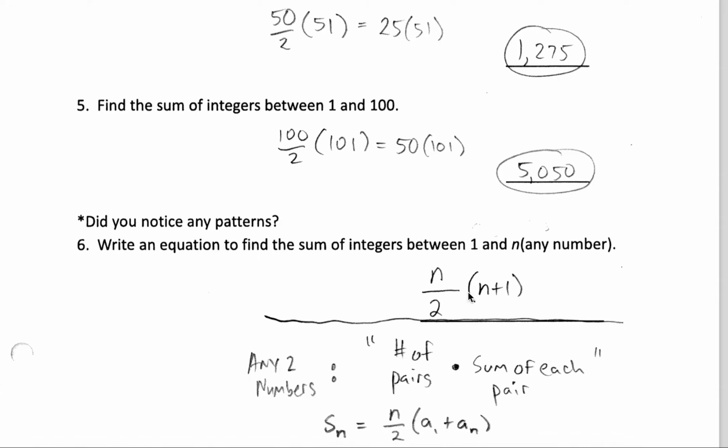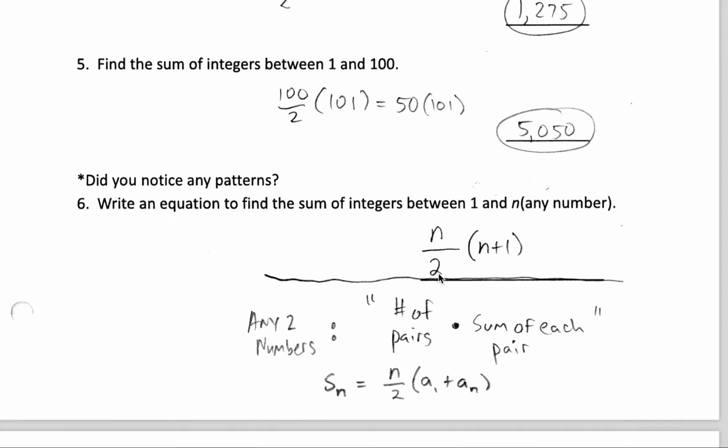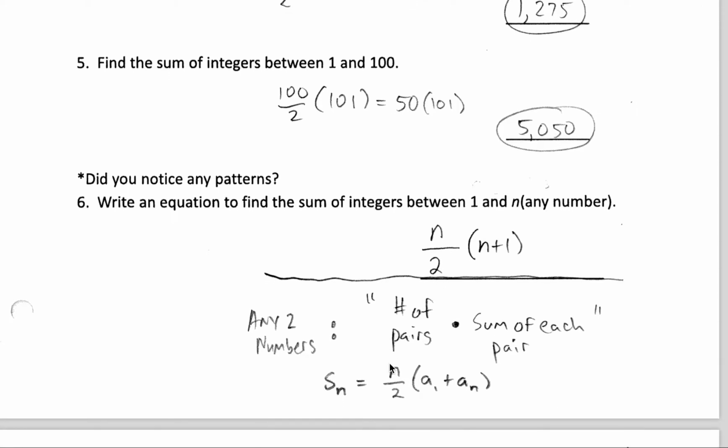Another way to think about it, if we are not going in between 1 and a number, is to say that I have half as many numbers in my interval, that's the number of pairs, and if I add the first and the last term in my interval, even if I'm not starting from 1, that will be the sum of each pair. And so really, all I'm doing is the number of pairs times the sum of each pair, and you get the sum by adding the first and last term in your series.